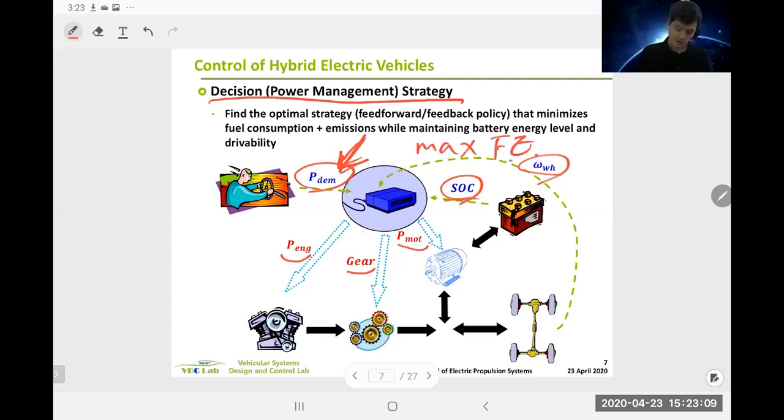And then we have to make sure SOC is sustained. This is not easy. In other words, you must meet power demand, SOC has to be sustained in the long run, and you must optimize fuel economy. This is the optimal control problem of the hybrid electric vehicle.